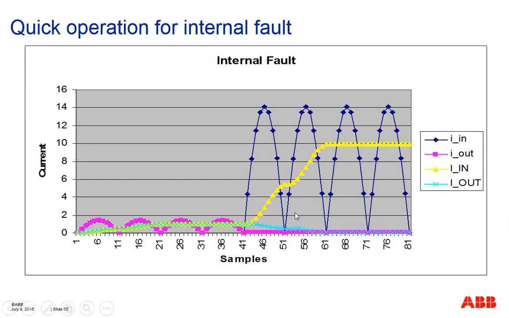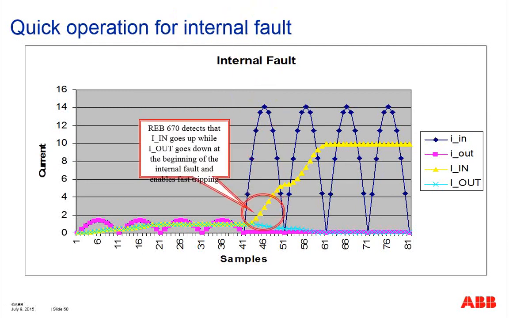The reason is, for an internal fault, basically there's no output, there's no I out. All the currents are going into the fault. So that's why you have a high differential current. You have a relatively high IN current, and if you subtract from that the output current, capital I out, because it is virtually zero, it's above your differential setting, and you should operate.